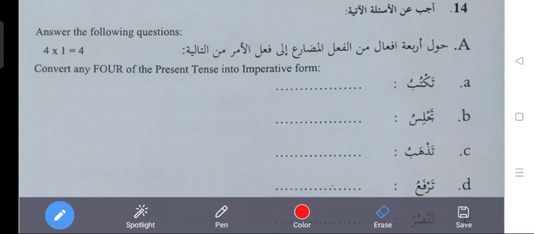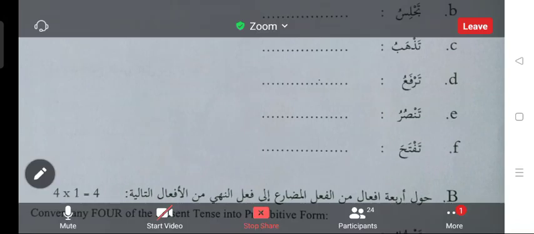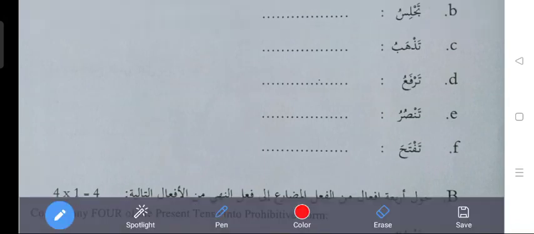It will be better. So taktubu will become uktub, tajlisu will become ijlis, and tadhabu will become idhab, tarfau will become irfa, and here tansuru will become unsur, taftahu will become iftah. In this way you have to give the answers.